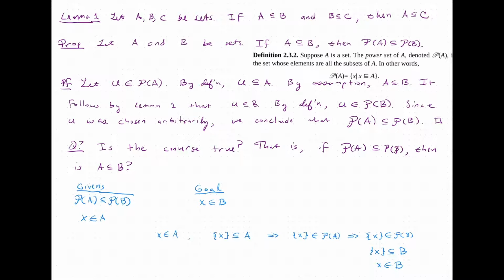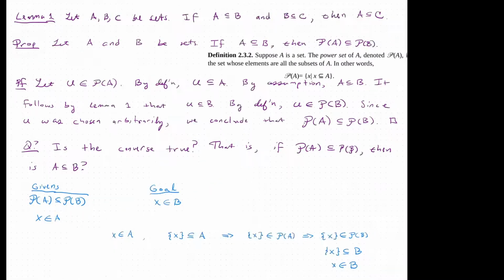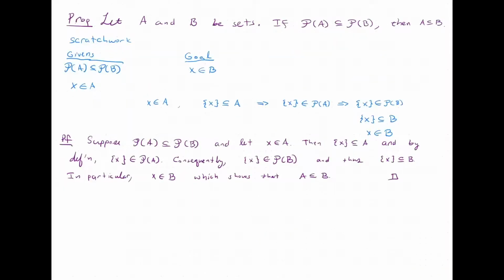Now, putting everything together, what we have done with this proposition is prove one direction and its converse. So we can upgrade this proposition to a theorem. And we can simply now write theorem.